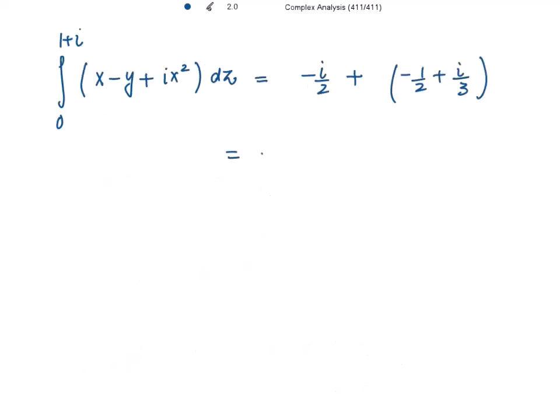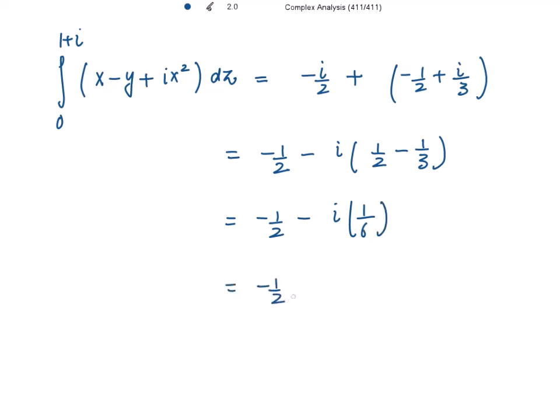So this is equal to, I am writing the real part first, minus 1 by 2, minus iota times 1 by 2 minus 1 by 3, that is, minus iota times 1 divided by 6. So this is minus 1 half minus iota by 6, the required answer for the third part.